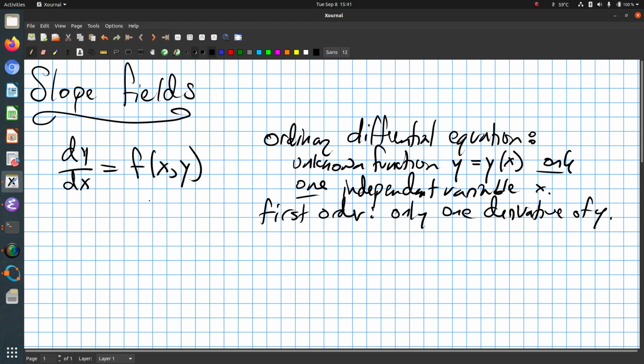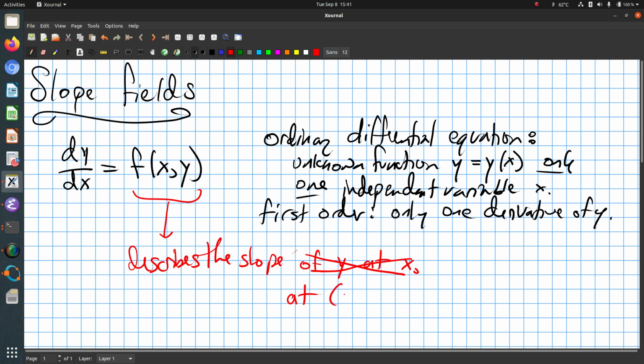So you imagine that what f is describing is the slope of y at x. But you don't know what y is. Okay, don't let that bother you. Just say it's the slope at the point x, y. If you remember that, you're perfectly fine, and you can start sketching away.